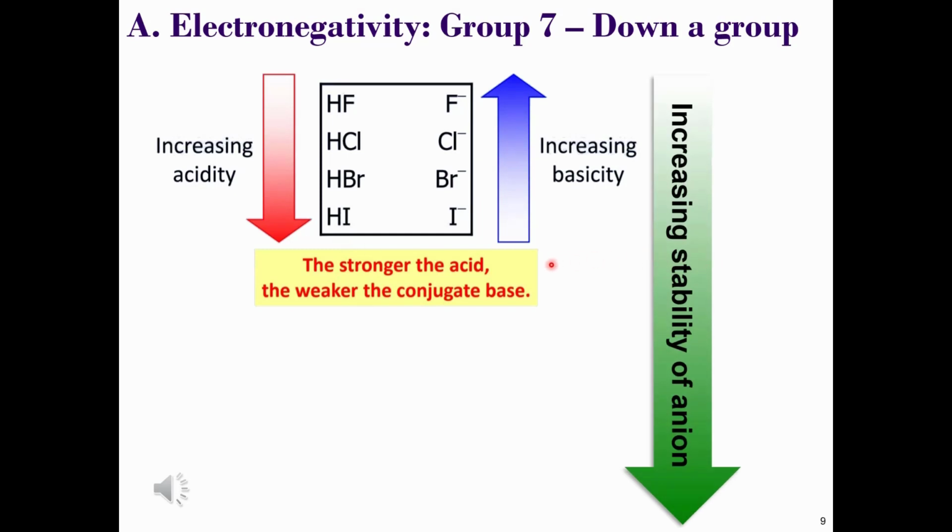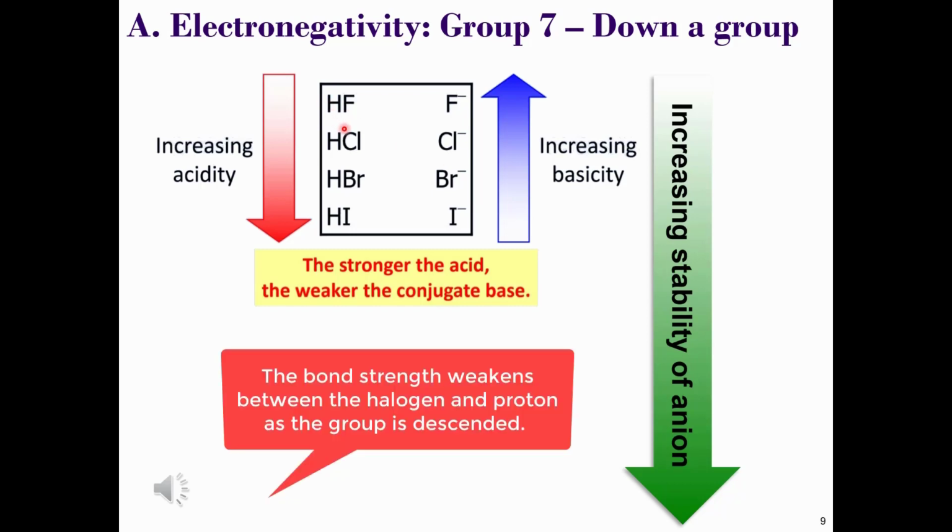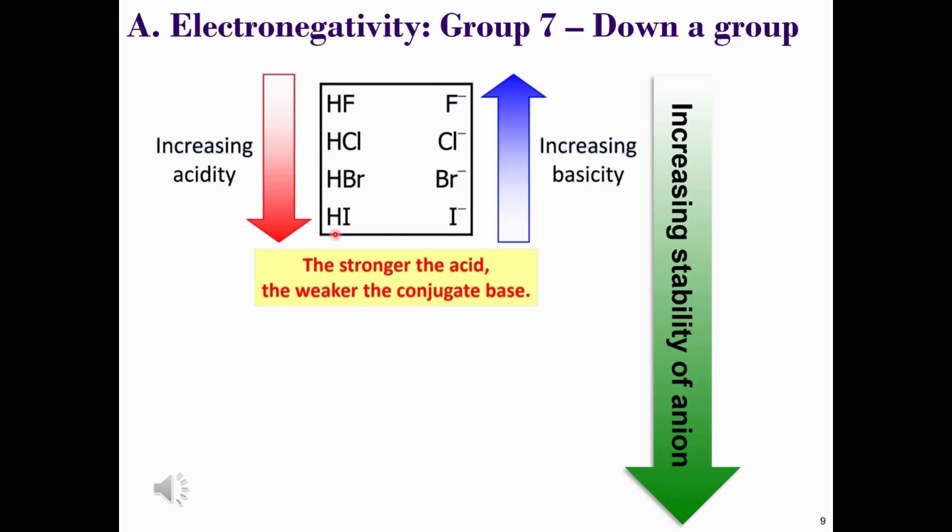You can make two arguments for why this is. The first has everything to do with the shorter and stronger hydrogen-fluorine bond as compared to the larger hydrogen halides. The second then has to do with the stability of the conjugate base that's formed and how it stabilizes its negative charge.